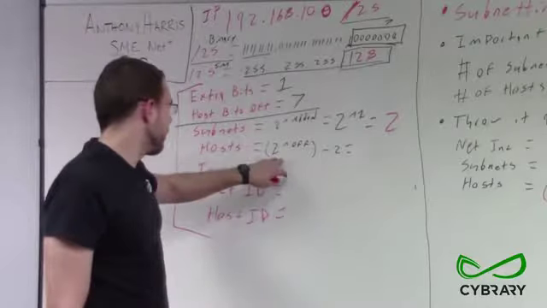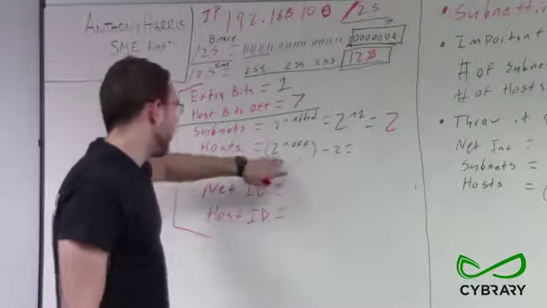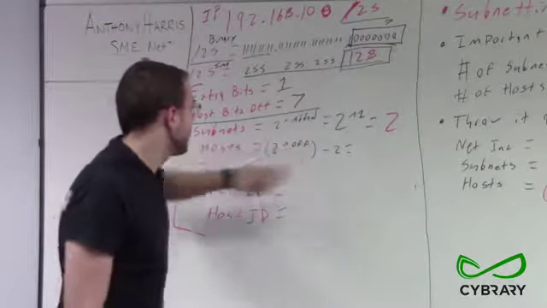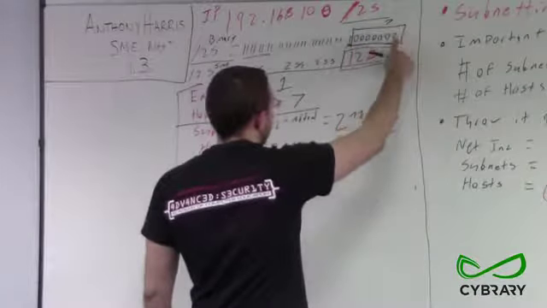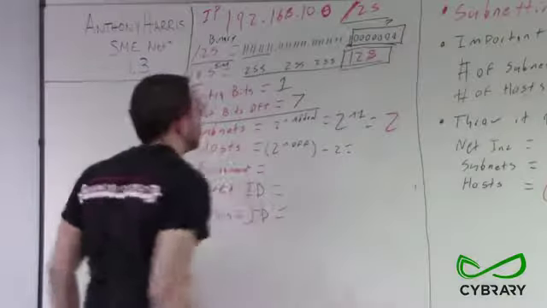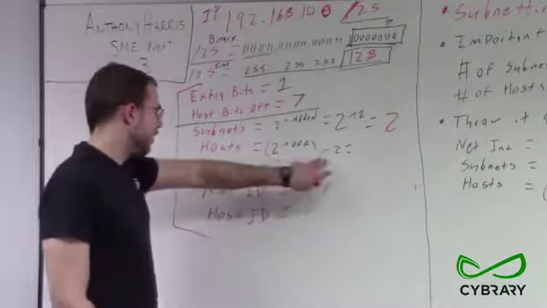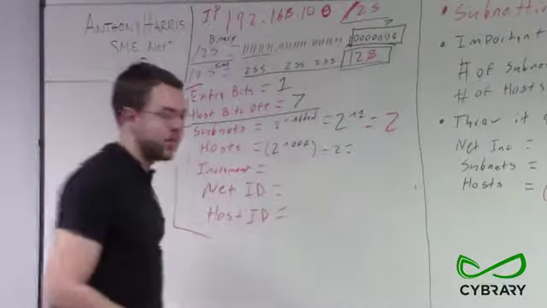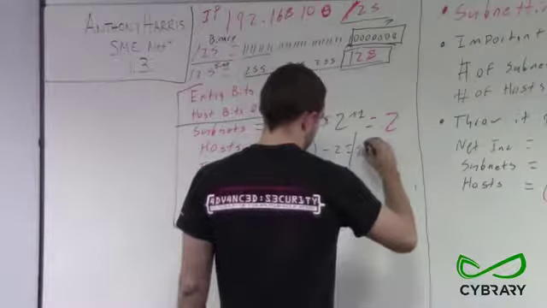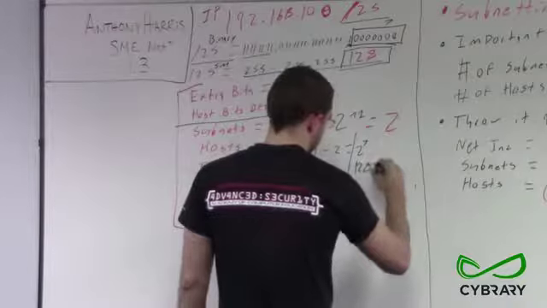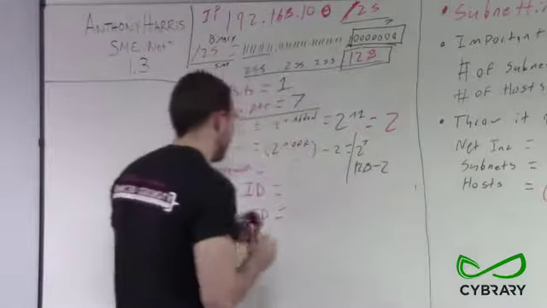Next, we have our number of hosts. Our number of hosts is going to be 2 to the power of off bits minus 2. So we have 7 off bits, and 2 to the power of 7 is 128. Minus 2 is 126.